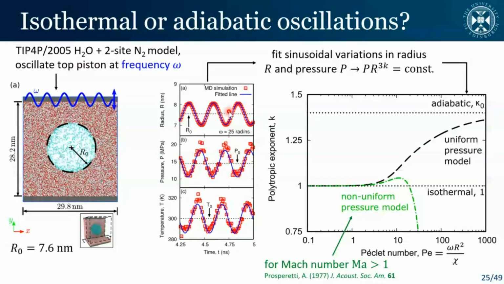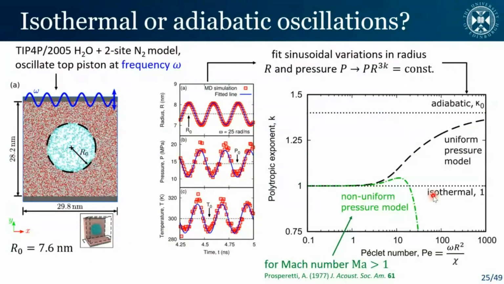And then from the radius and pressure, we can fit to this polytropic exponent gas law to get this value of K. And K traditionally should be between a value of 1, which is isothermal, and about 1.4, which, in more fundamental terms, is the ratio of the specific heat capacities, 1.4 for a diatomic gas.